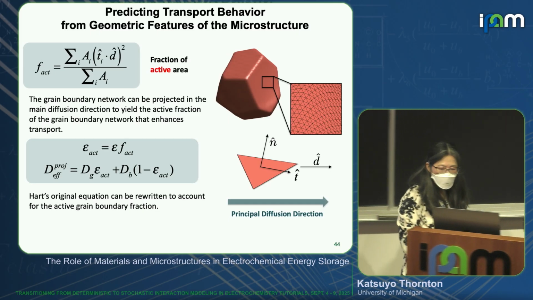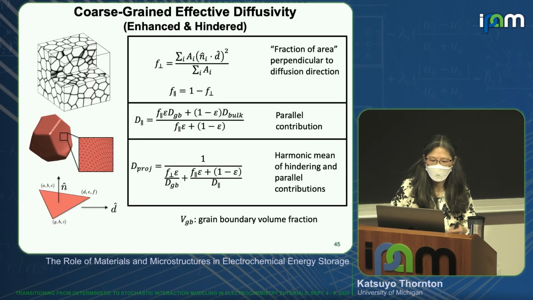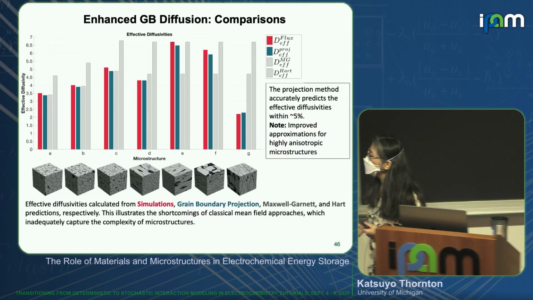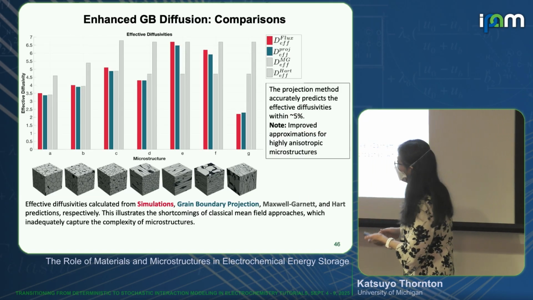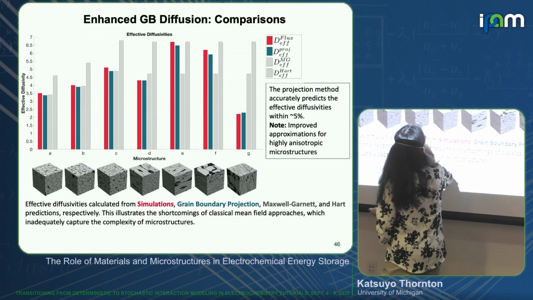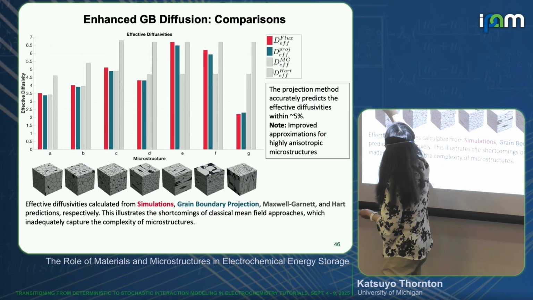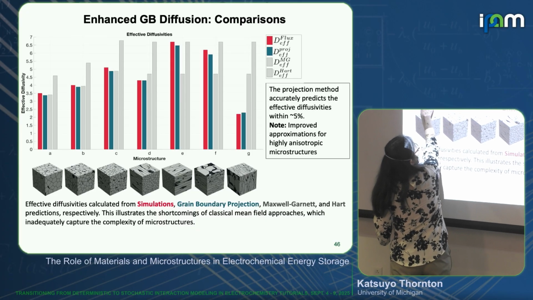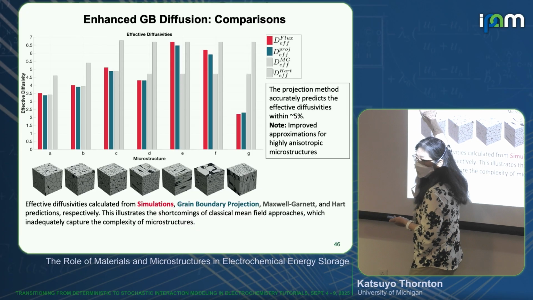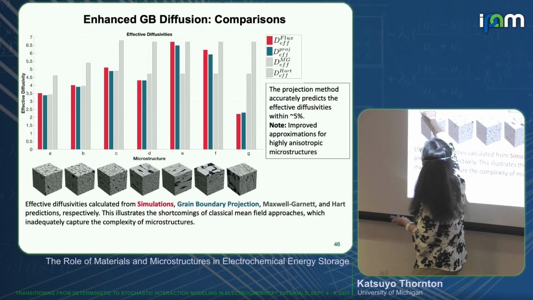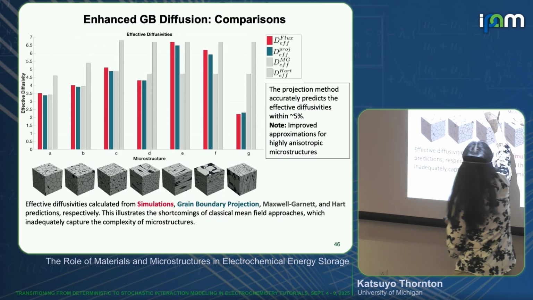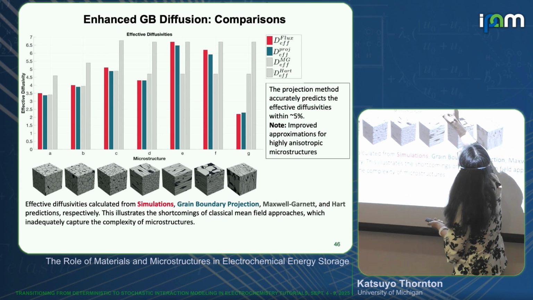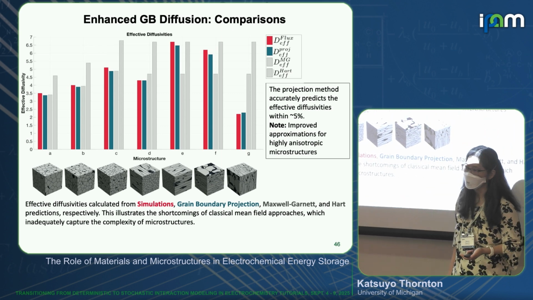So when we did that, okay, there's a little bit more detail here, but when we did that, we actually did pretty good. So the new projection method is this blue. And this is what was directly calculated. Matches, matches, matches, matches, matches, matches, and matches.